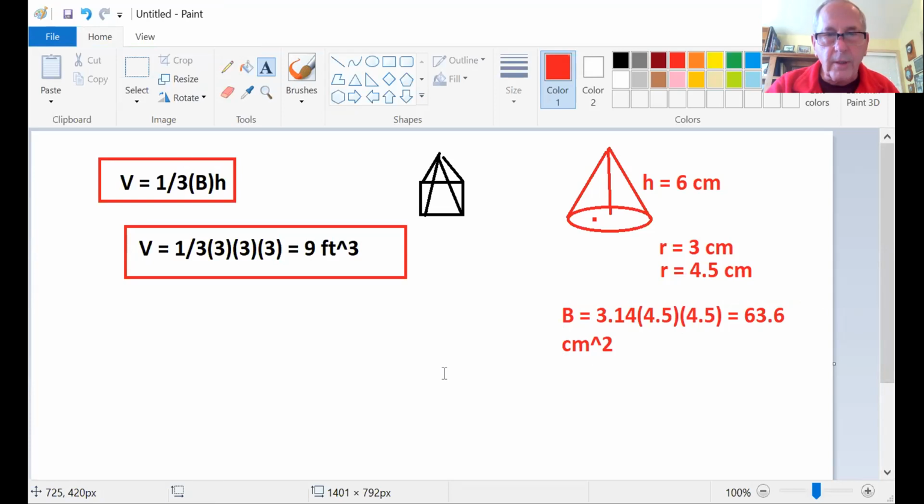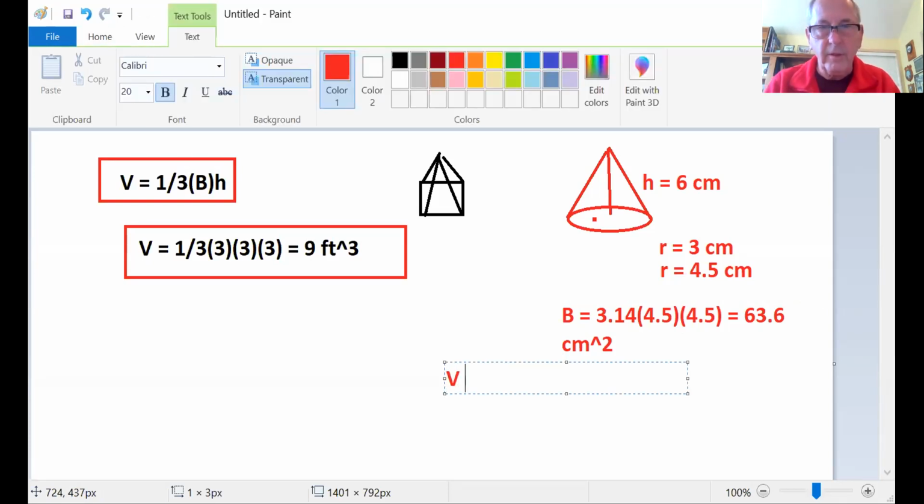Then the last part is calculating the volume, and the volume we said is equal to 1/3 base times height. So we have the base is 63.6 times the height of 6, right?